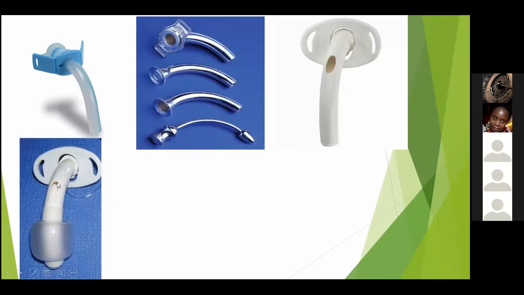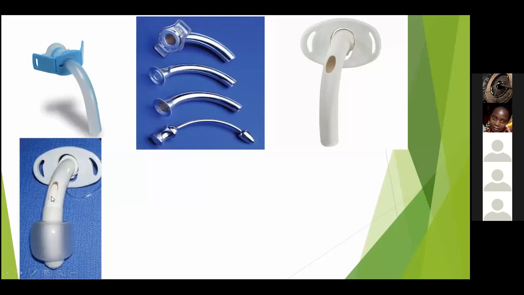What's the importance of this hole? When you put a tracheostomy tube inside someone's trachea, that means air enters into the trachea, then to the bronchi, then down to the lower airways through this tube. That means even coming out, it does the same. So it doesn't go up to the larynx for someone to be able to phonate. So for this tube, someone cannot talk or they don't have a voice.